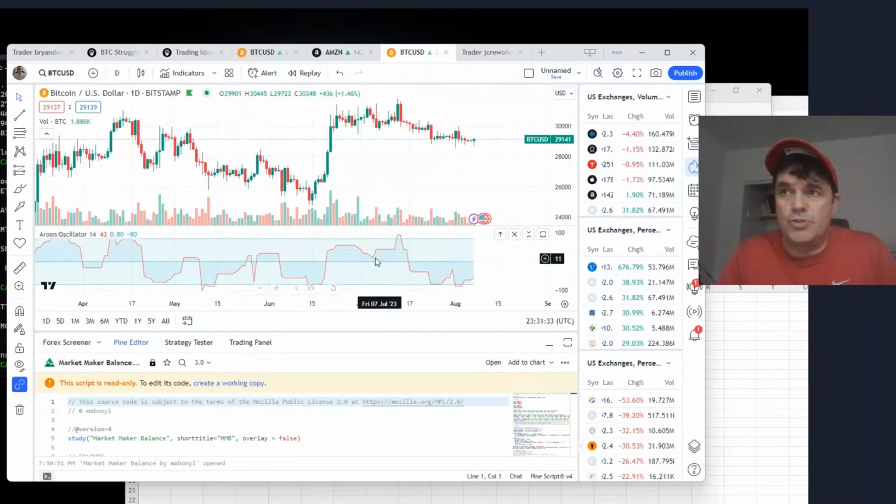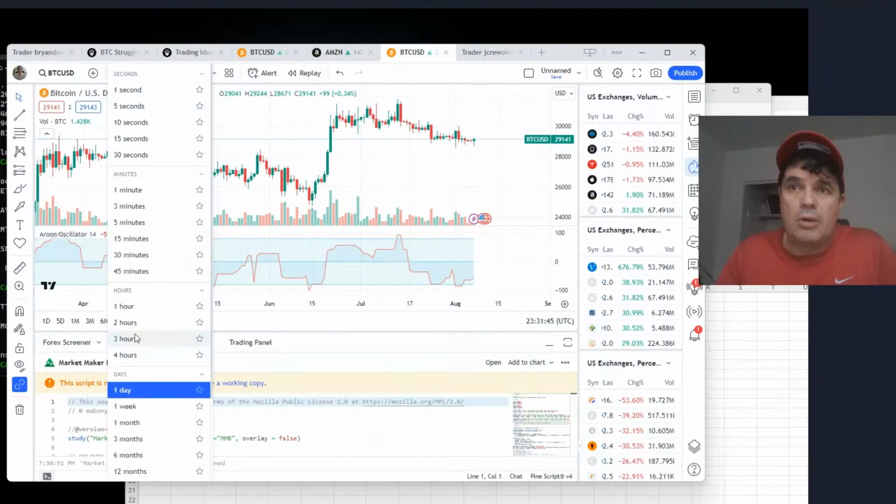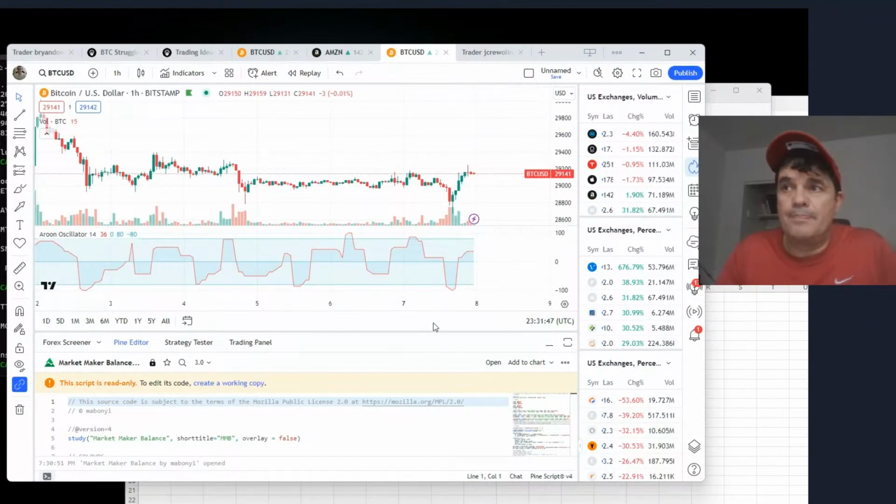So you can see right here, just as it's approaching the 100, you get your little breakout. But then you look next day, it pulls back. So if I maybe do, I don't know, an hourly chart on Amazon, you can see here that this can be fairly accurate.